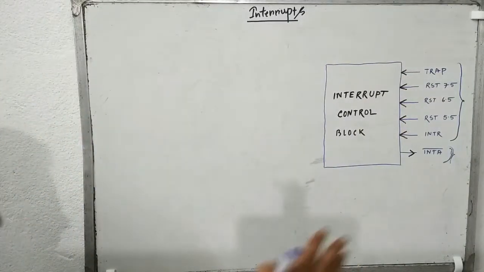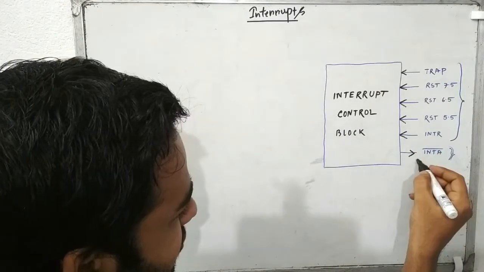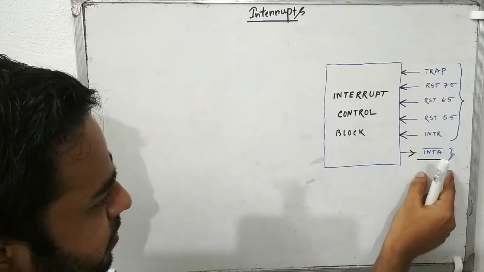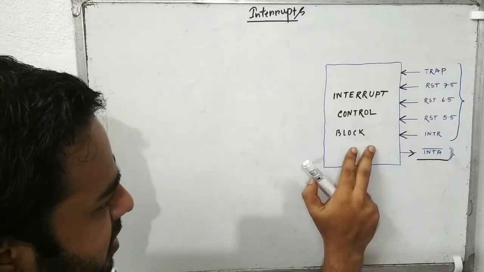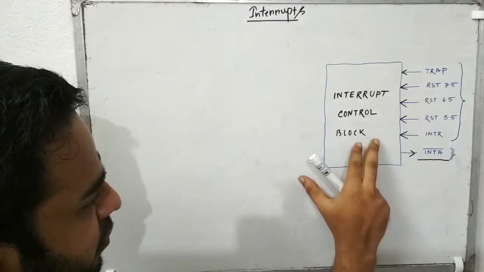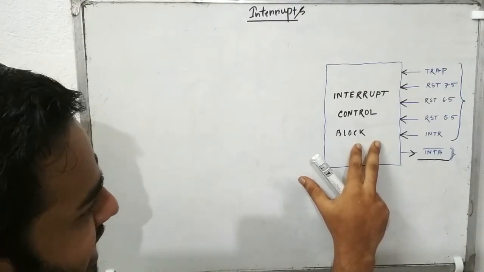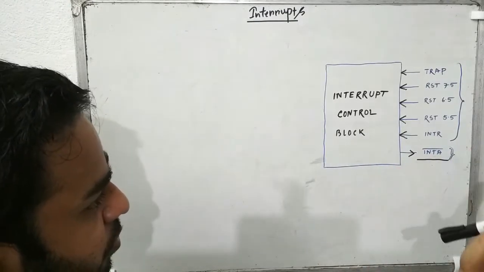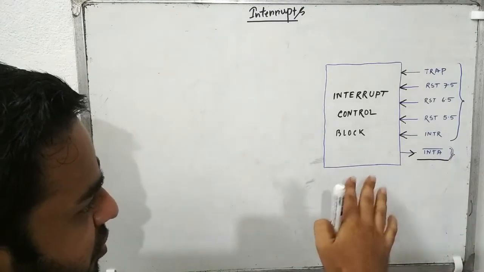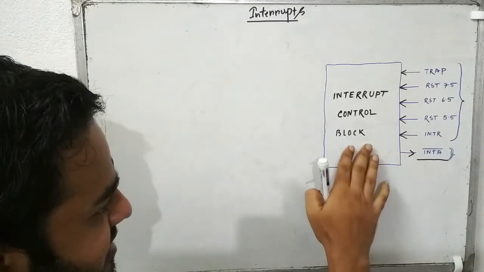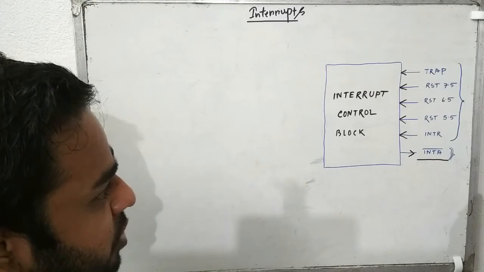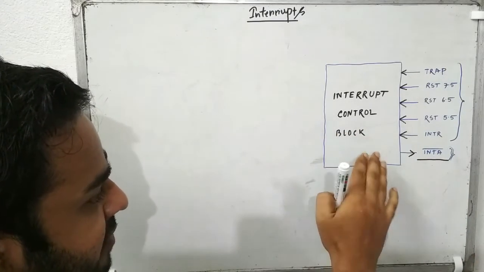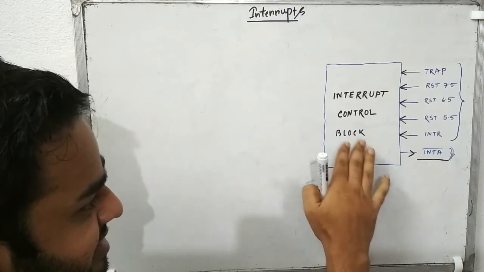Now let's come to the next pin, which is the interrupt acknowledgement pin that you can see over here. What is the use of this pin? When the microprocessor is processing an interrupt request, at that moment it will send a message to the input output device which is connected externally, saying that the microprocessor is not available to take any more interrupt requests at that time.